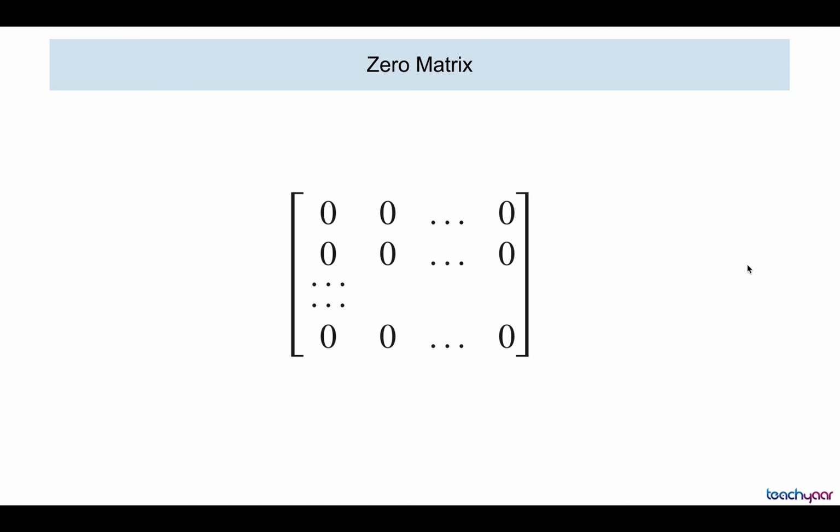So every element of the matrix is 0. So Aij, which are the elements of the matrix, are 0 no matter what the i, no matter what the j. So that's very simple. The i and j can be anything, and the matrix can have whatever order it has, but all the elements are 0.